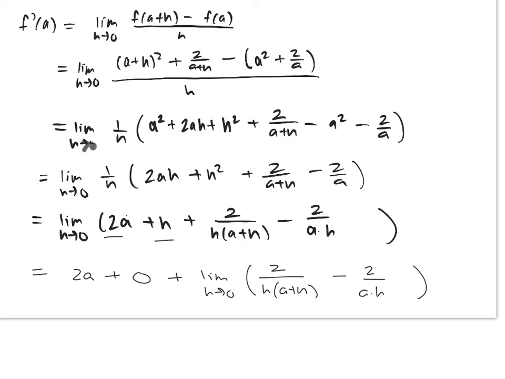Because in those two pieces, the h being 0 is a problem because you make 0 in the denominator. And I swear we're almost done with this. Two more steps. So now in that second piece, what are you going to do with it? So this would be a over a and a plus h over a plus h, right?